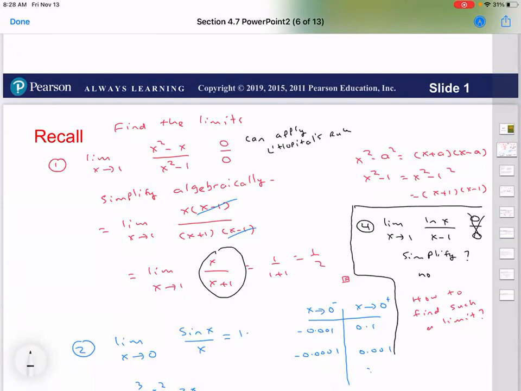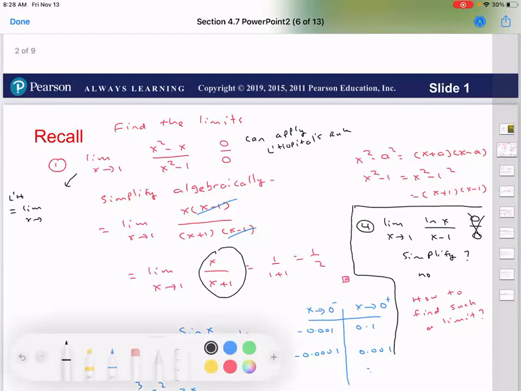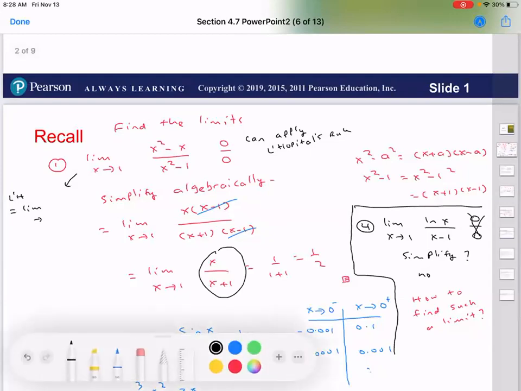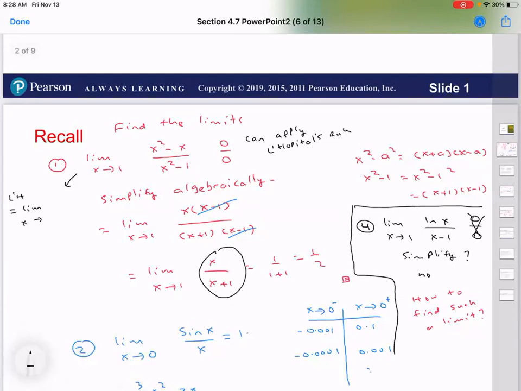So if you do that, what do you get? Let us write equals L apostrophe S, just to note that we are using L'Hopital's rule. This is the same as what? The limit as x approaches 1 of what? You tell me.